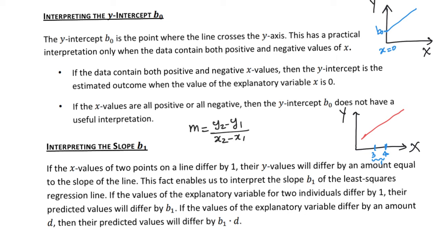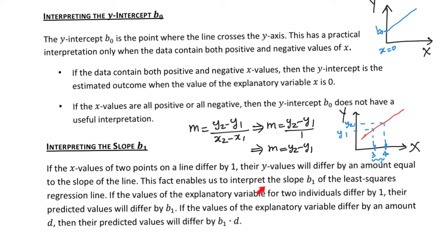In algebra, you might have learned the formula for the slope of the line, m equal y2 minus y1 over x2 minus x1. If this is x1, x2 and the corresponding y values are y1, y2. If the difference in x values equals 1, the denominator will be 1, and anything divided by 1 is the same number. That means the difference in the y values will be the amount equal to the slope of the line.